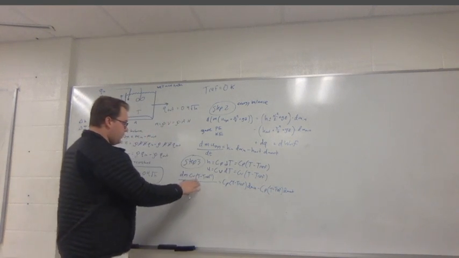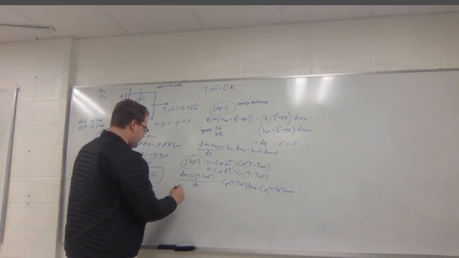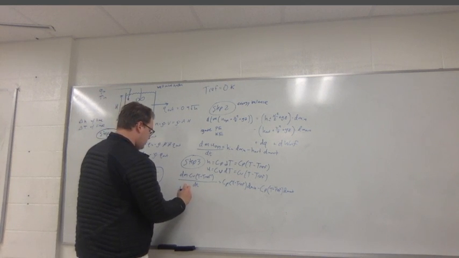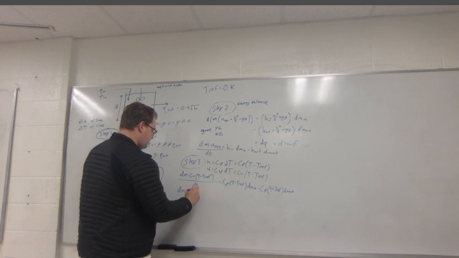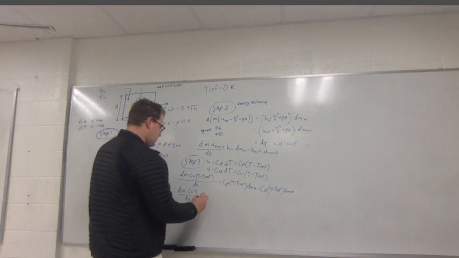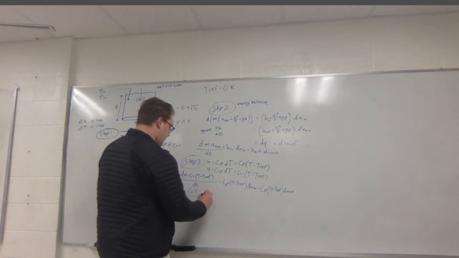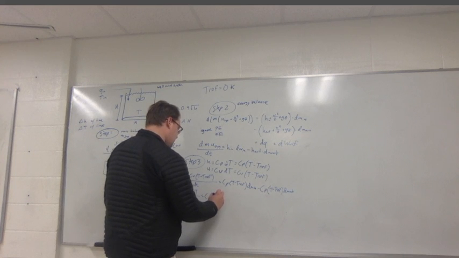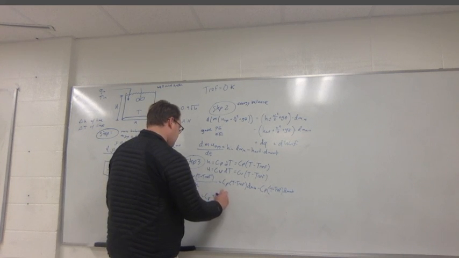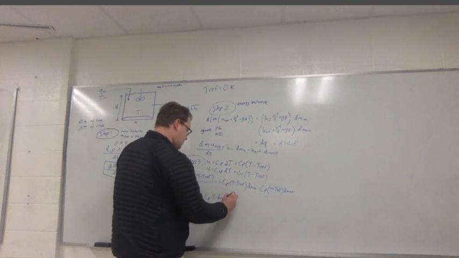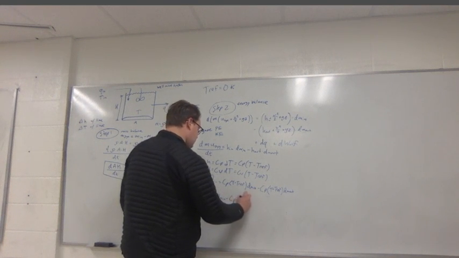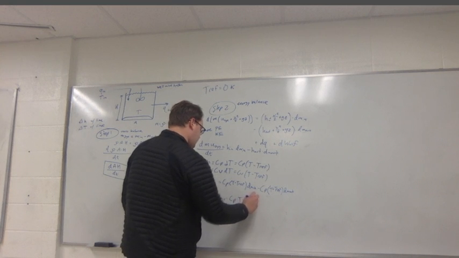And I'm just left with T. So this becomes just change in mass times Cv times T with respect to time equal to Cp times T times change in mass in minus Cp times T times change in mass out.